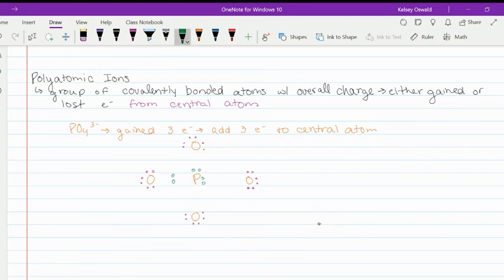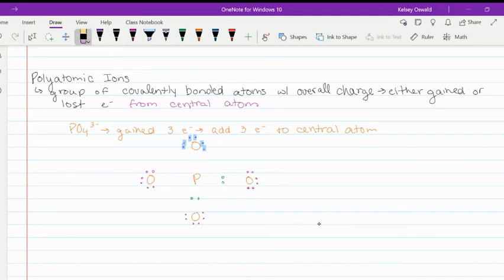And it is going to want to share those 2 electrons of phosphorus. Okay. So now each oxygen is going to have 1, 2, 3, 4, 5, 6, 7, 8 valence electrons because it's sharing 2 from phosphorus. And lucky enough, phosphorus already started off with 8 valence electrons, so it doesn't need to gain any of oxygen.